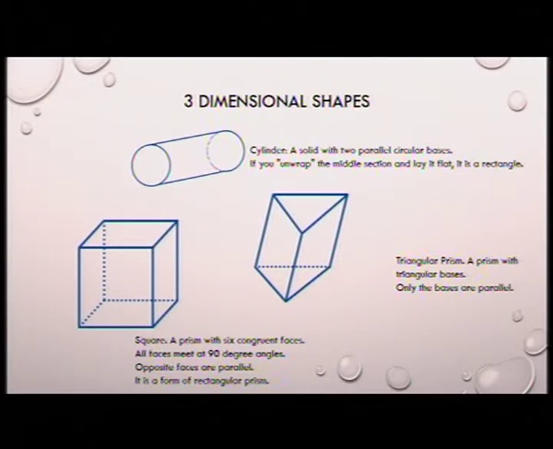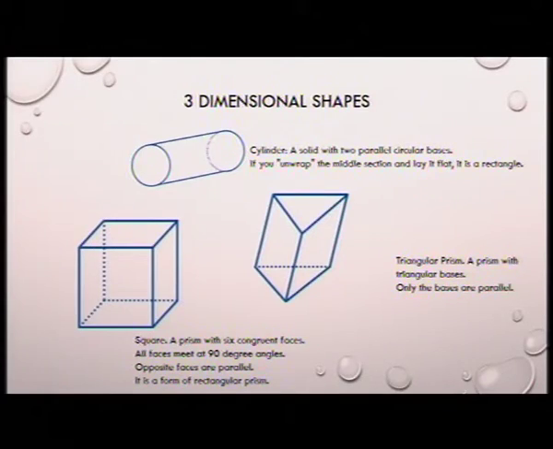That is a cylinder. What is a triangular prism? A prism with a triangular shape, only the bases are parallel. When you look at the bases, they are parallel, but then the others look like a triangular prism. In other words, there are 3 other sides: the length, the height, and the width.